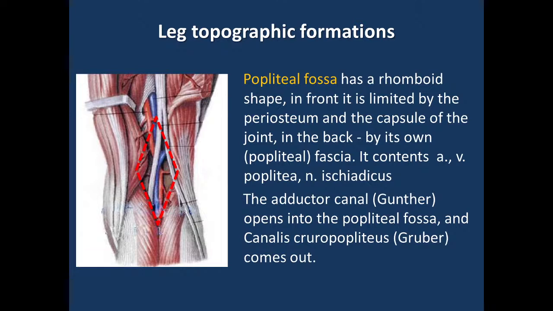This is the popliteal fossa, a rhomboid-shaped depression between muscles, and this is the area where large nerves, large veins, and a large artery are localized.